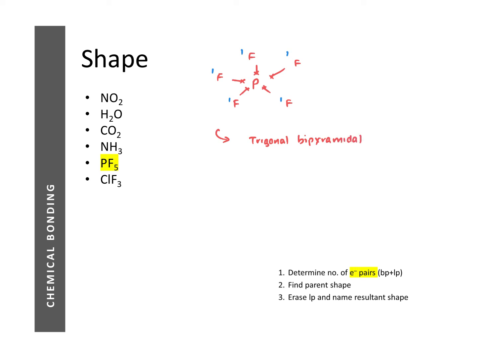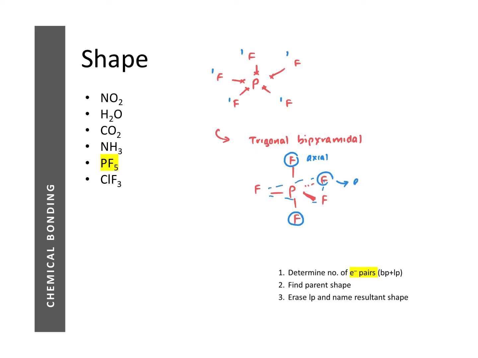Okay, for trigonal bipyramidal, there are 2 types of bond angles. Why is that so? It's because we have 2 different types of fluorines. We have those that are found at the apexes, at the top and bottom of the pyramids. We call these the axial fluorine atoms. We have those in the middle that form the trigonal plane.